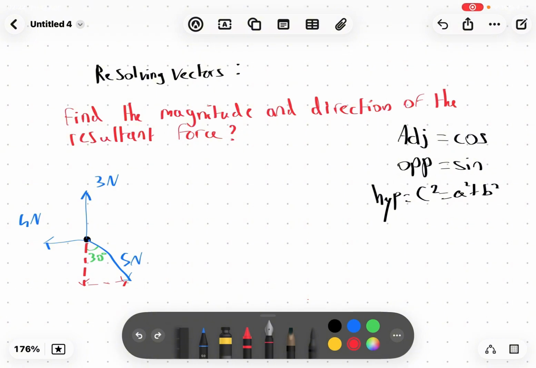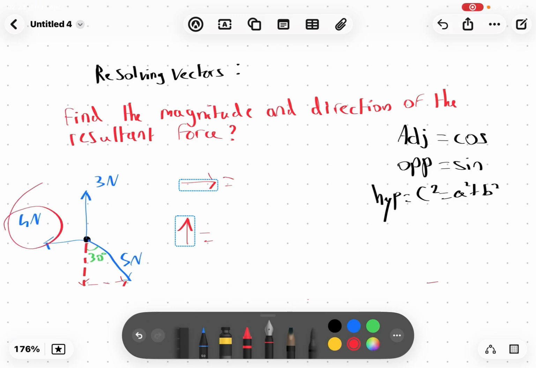We will find the horizontal forces and the vertical forces. For the horizontal, the 3 doesn't count because it's fully vertical, so we just don't see it.